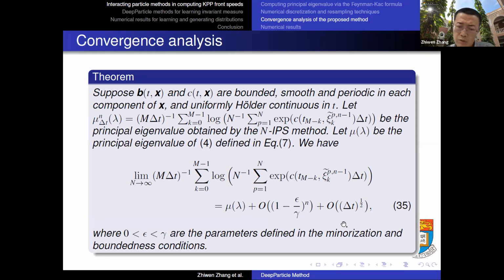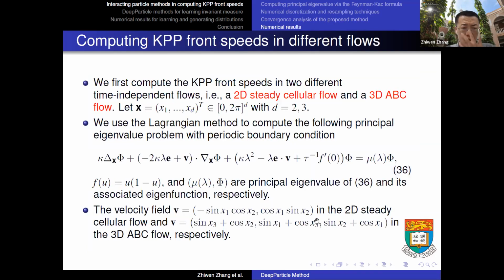So basically, this equation 35 provides a very rough error estimate for this interacting particle method. The parameters epsilon and gamma come from the Markov process iteration error. All right, that's the analysis part.